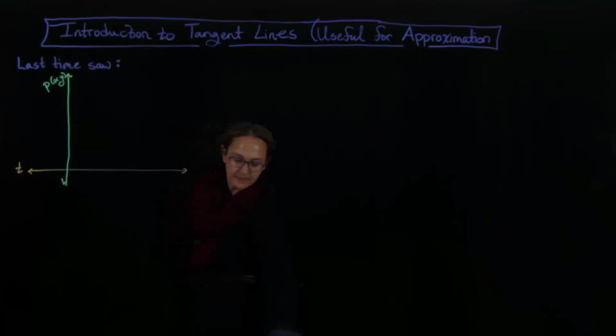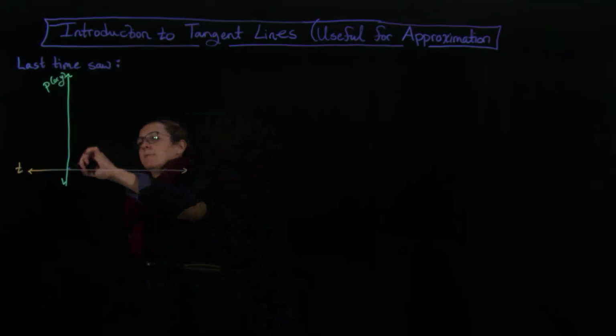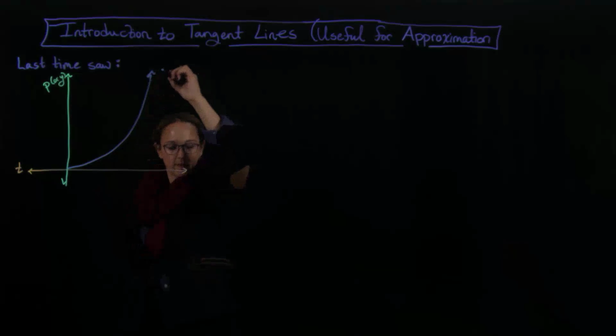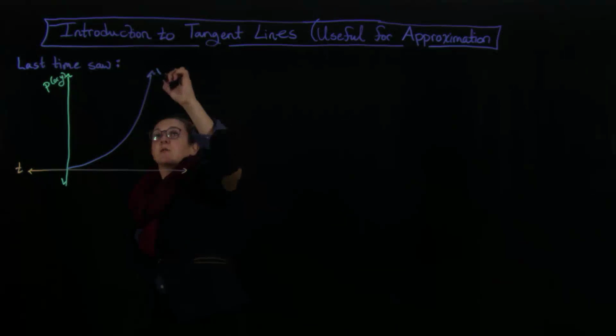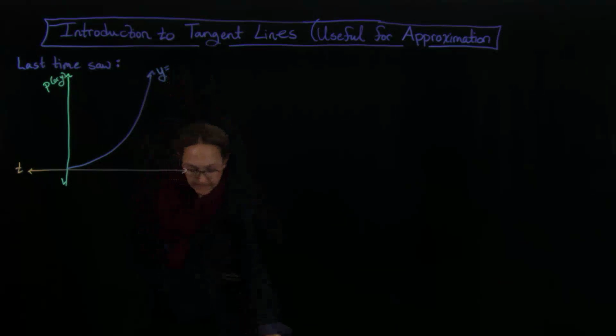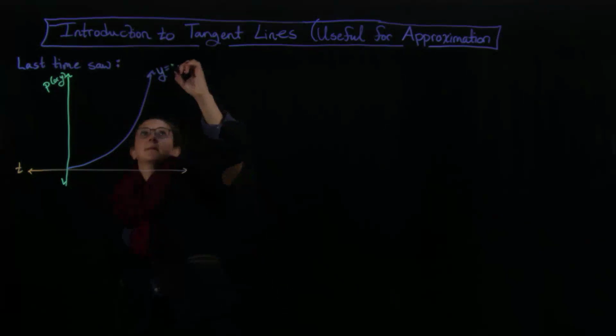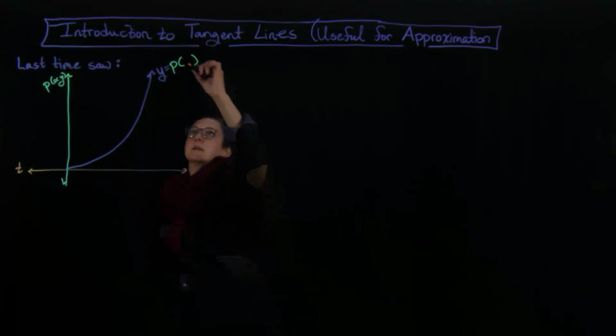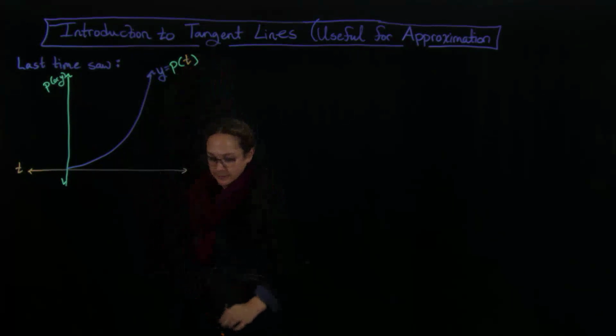Then you have the graph of your function. So y is going to equal p of t. P's are outputs: input t, I get an output, p of t.